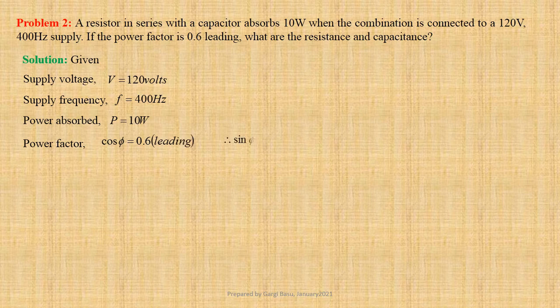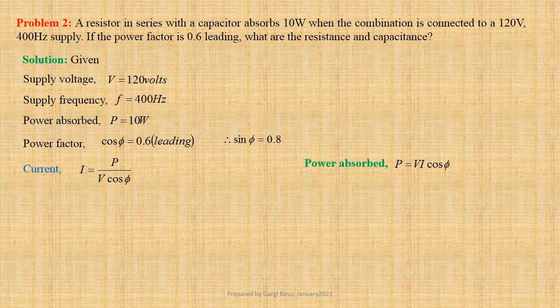Therefore, sin phi equals 0.8. We know the expression for the power absorbed P equals VI cos phi. Therefore, the expression for circuit current I equals P divided by V cos phi.